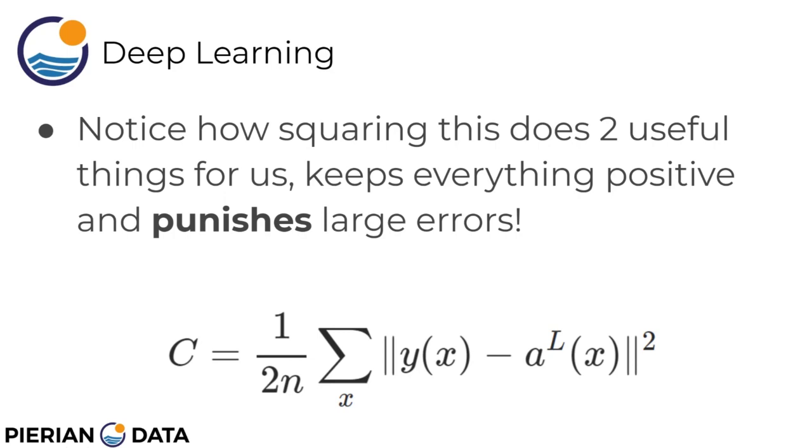So it's going to say you're off by 100 instead of just 10. So you're really punishing your network for being really off on certain points, which is good because you don't want your network to not predict well on even just a few points where it gives you a huge error. You'd rather suffer a little bit on all the other points and not be totally off on those few edge cases. So that really helps punish large errors.